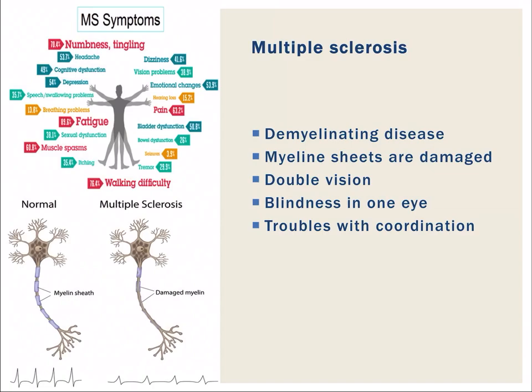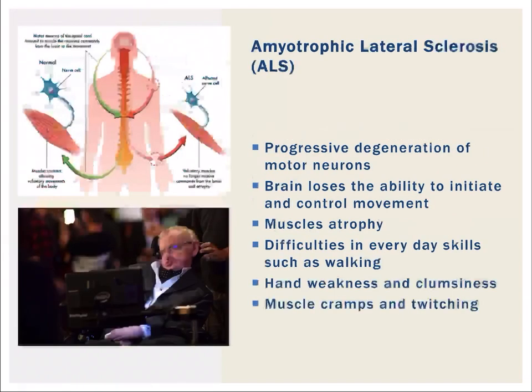And you can see the difference between a normal neuron and a neuron where the myelin sheath is damaged. And you can also see on the bottom there what that does to signal transmission, right? So you get a much less strong signal or electrical potential that moves through the neuron.